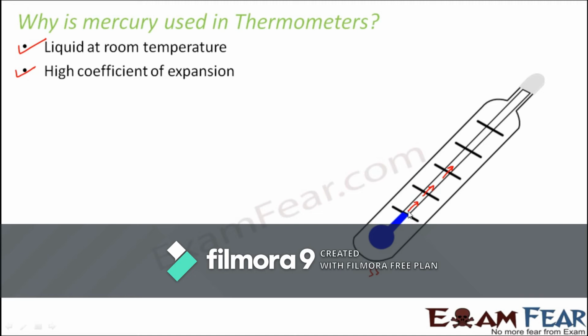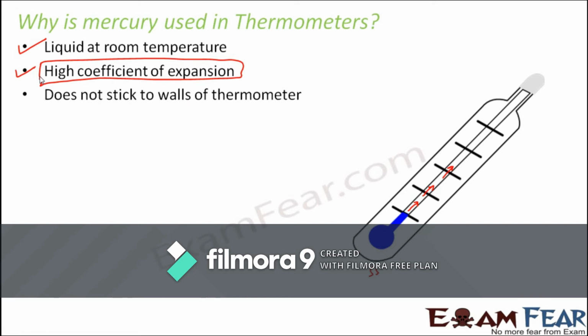Now if you use a liquid which has a low coefficient of expansion, that liquid will not be able to give you very small temperatures, because when you apply small temperatures, it will not expand. When the liquid doesn't expand, your thermometer doesn't read anything. So this is one of the most important reasons why mercury is used in thermometers.